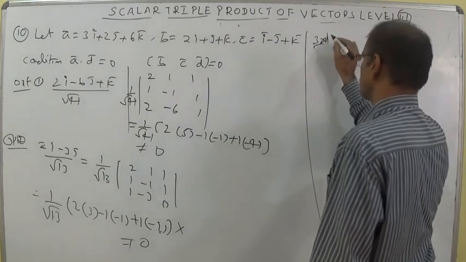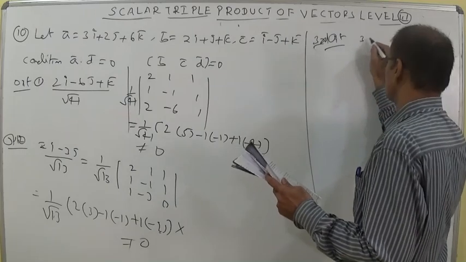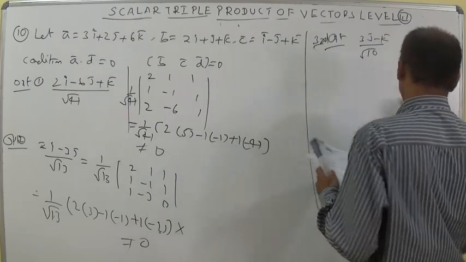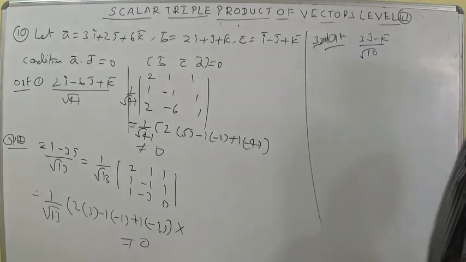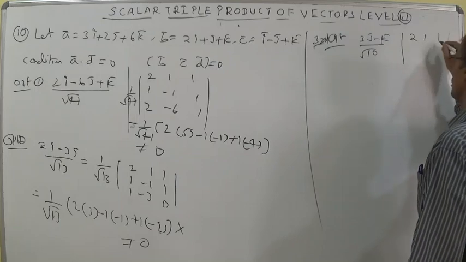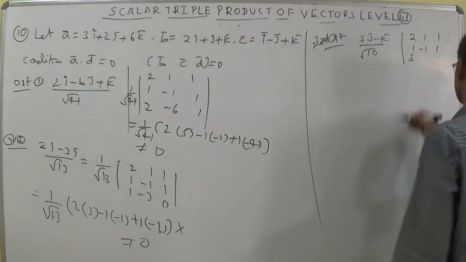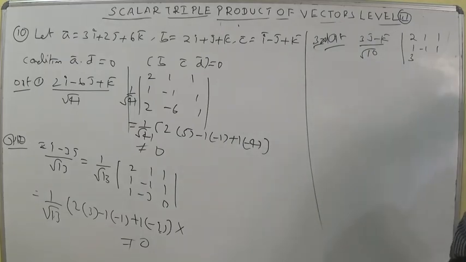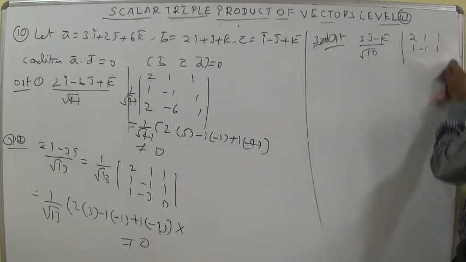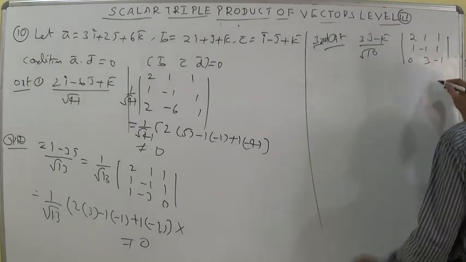Now the third option, 3j minus k by root 10. Using the condition of coplanarity, I am writing 2, 1, 1; 1, minus 1, 1; and this is 3j, so you should write 0, 3, minus 1.